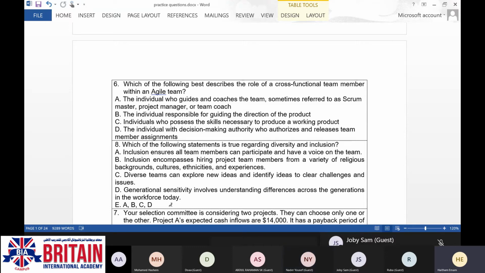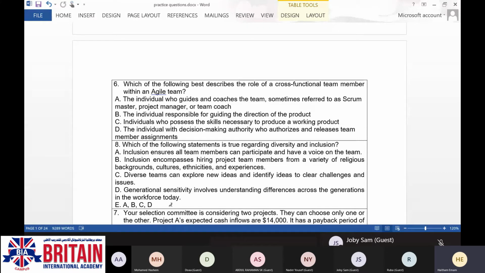When it comes to diversity and inclusion, they are welcoming each and every one all over the world, regardless of your skin color, your language, your beliefs, your religion, your culture. You are welcome to express any idea. You are going to be part of the team regardless of your age, and your opinion is going to be welcomed and appreciated. That's what we mean by diversity and inclusion.